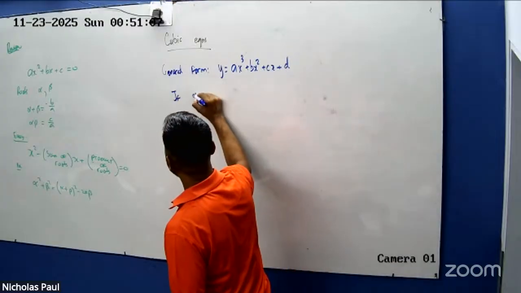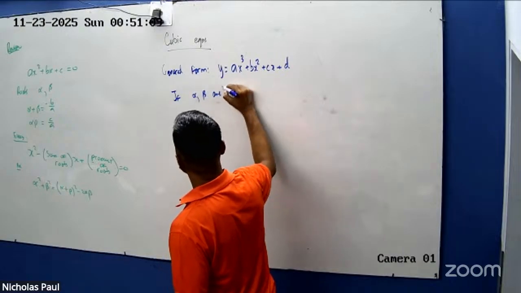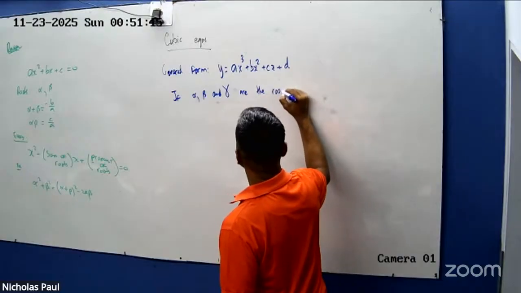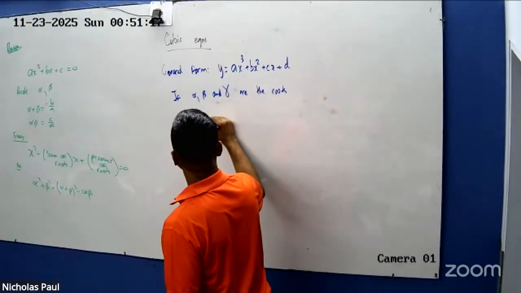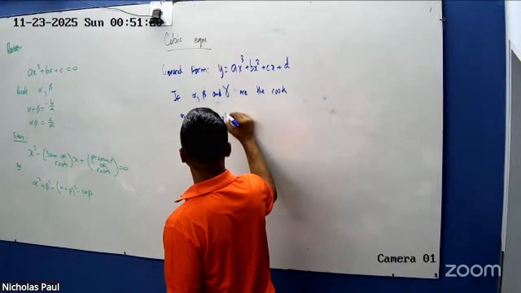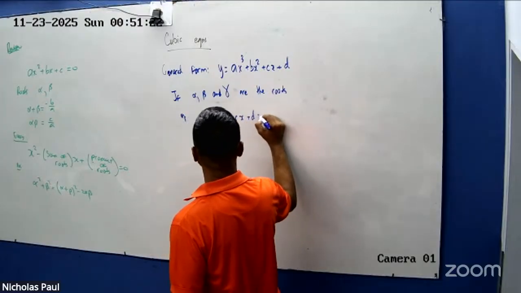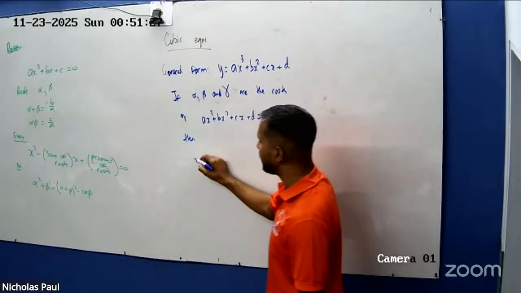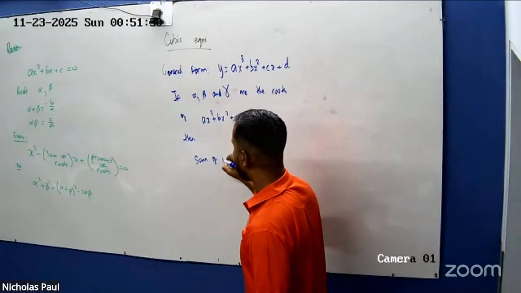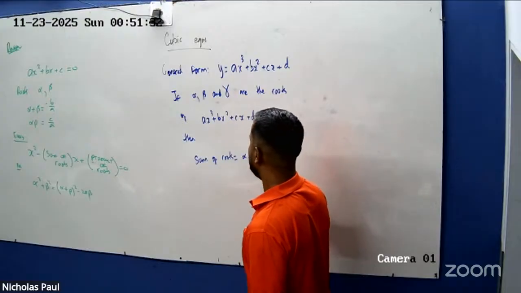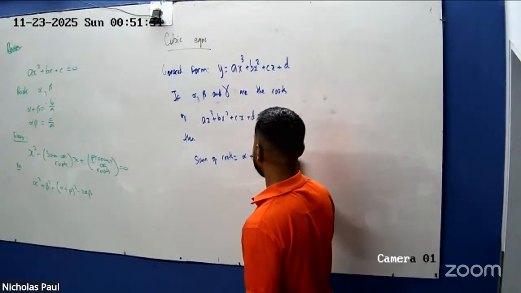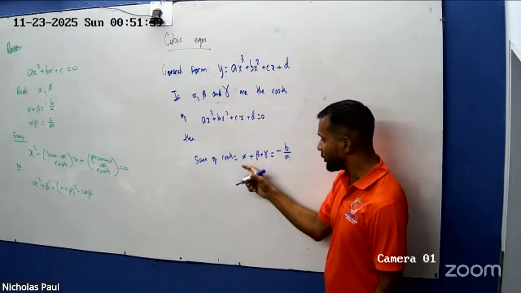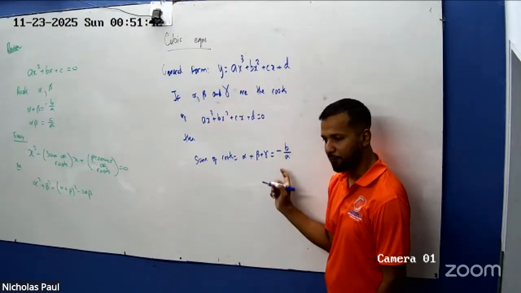If alpha, beta, and now gamma are the roots of ax cubed plus bx squared plus cx plus d, then the sum of the roots alpha, beta, gamma is what? Minus b on a. So the sum of all three roots is minus b on a.